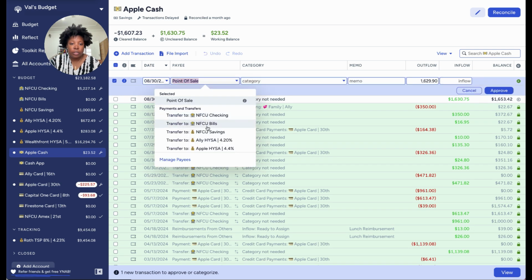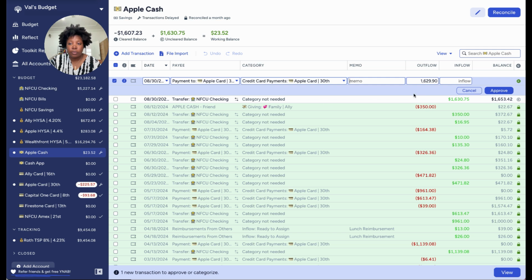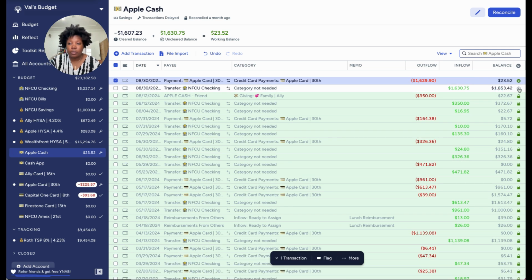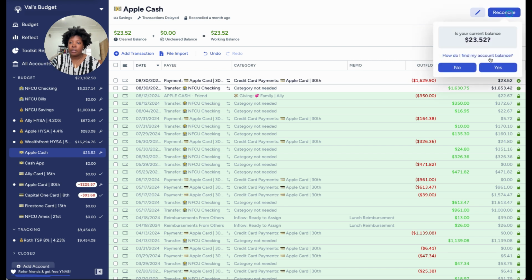And I'm going to make this a transfer to my Apple Card. And we're going to approve that. And so now that everything is cleared, I do have a balance of $23.52, which matches what my Apple Cash balance is. So I can go ahead and reconcile this one.